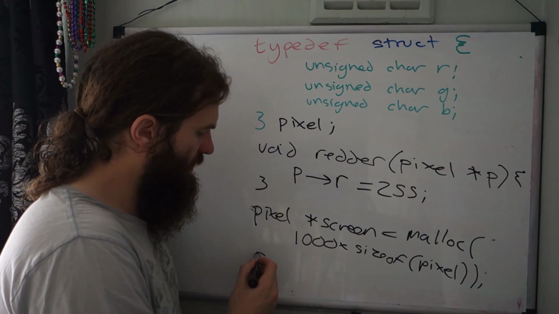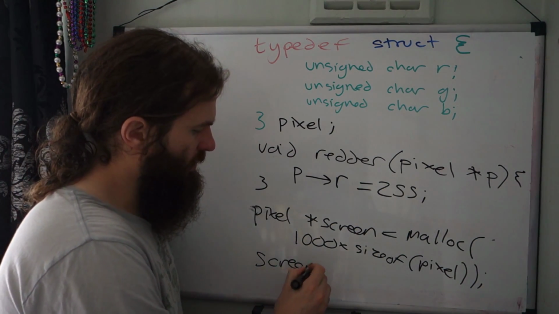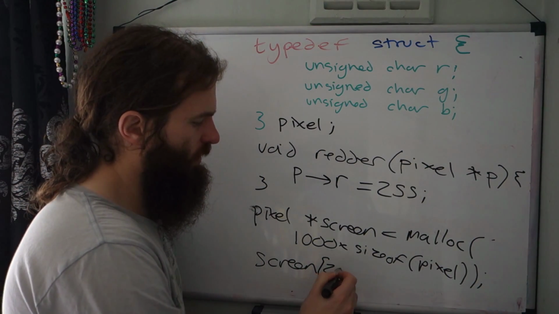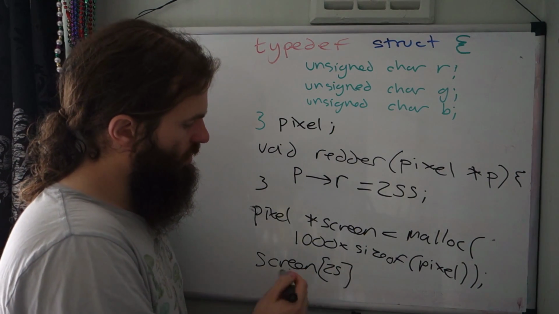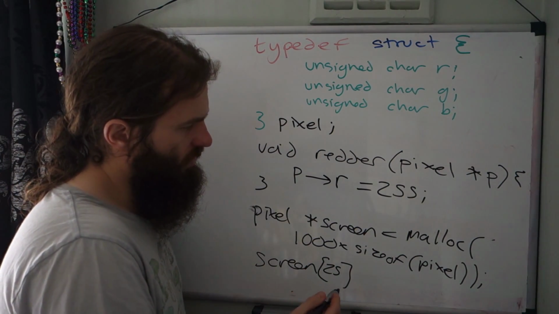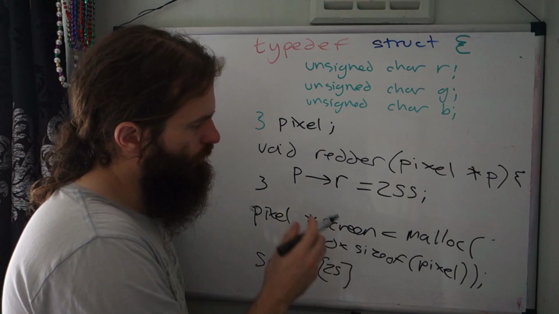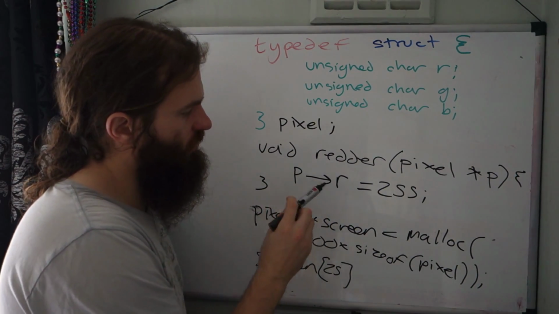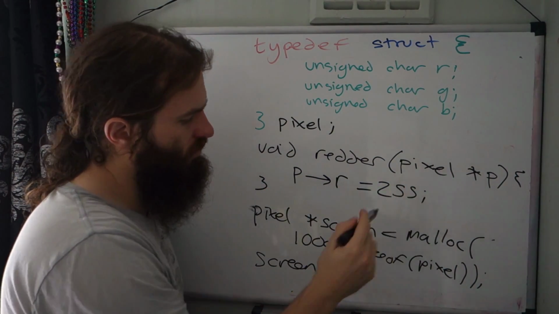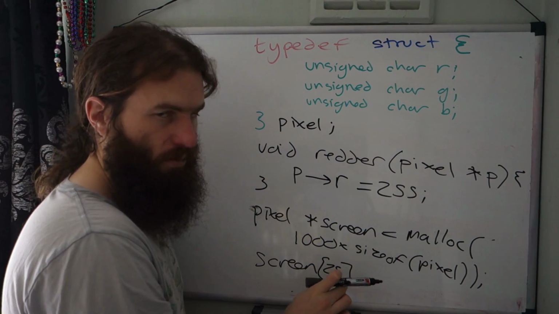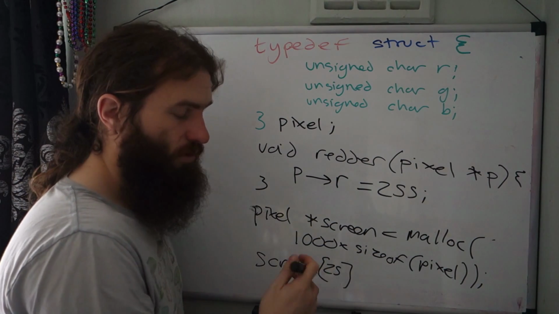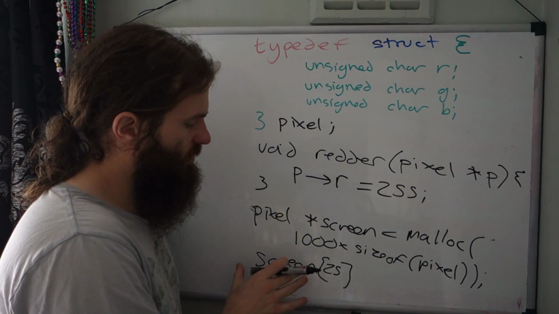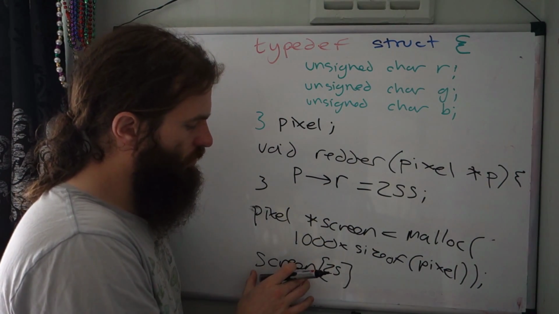We can then say screen 25 to modify the 26th element of the array. And if we want to change the red component, we do not use the arrow, because the arrow only operates directly on pointers, whereas if you remember from the pointers tutorial, when we use brackets like this, we're actually dereferencing the pointer screen.